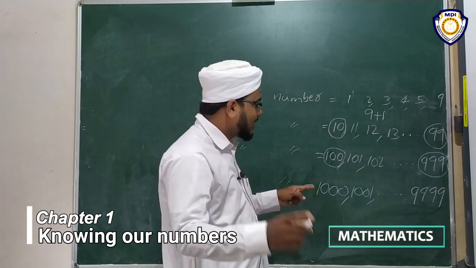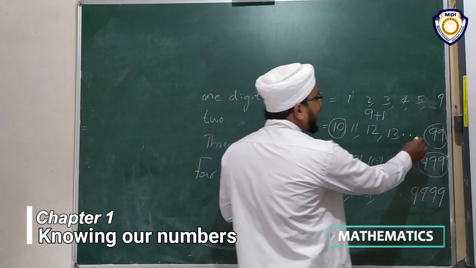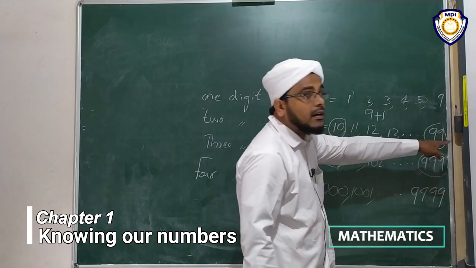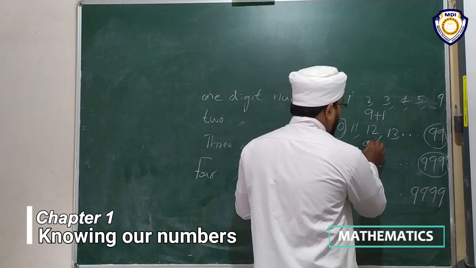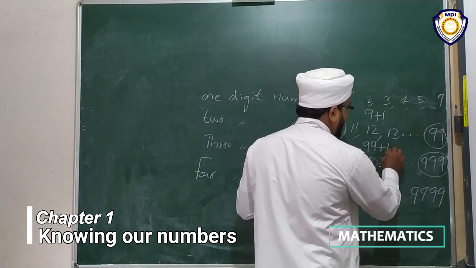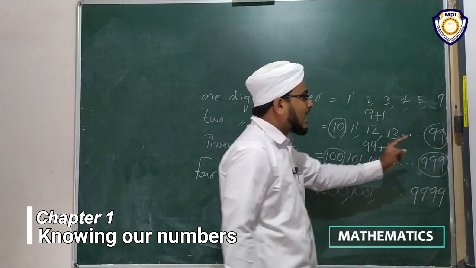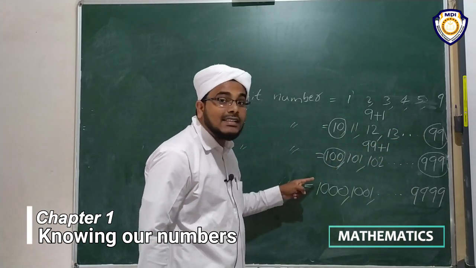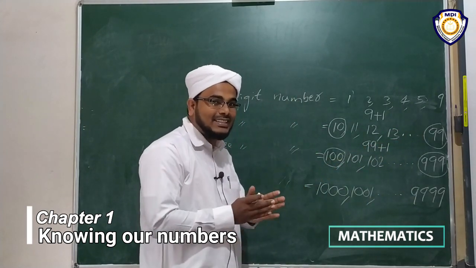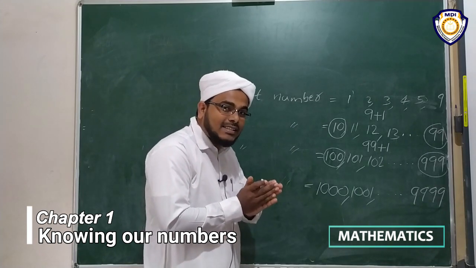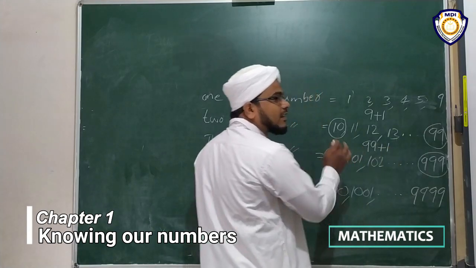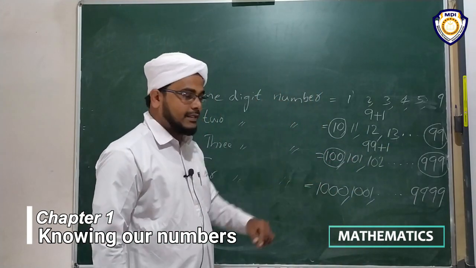When we add 1 to the largest 2-digit number, we get the smallest 3-digit number, 100. 99 plus 1 is equal to 100.